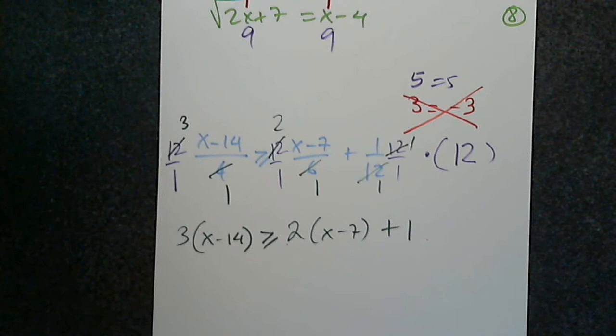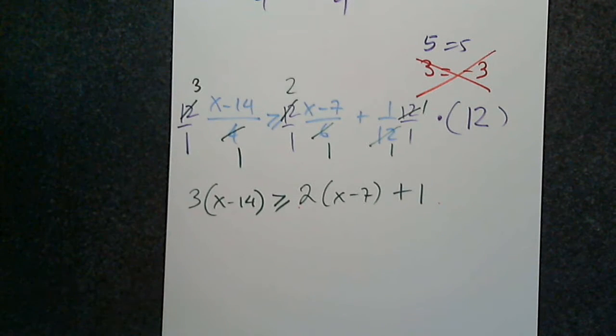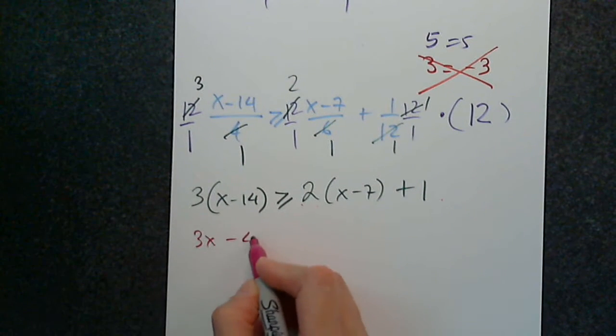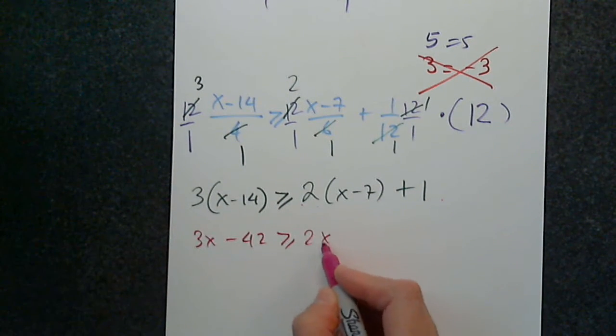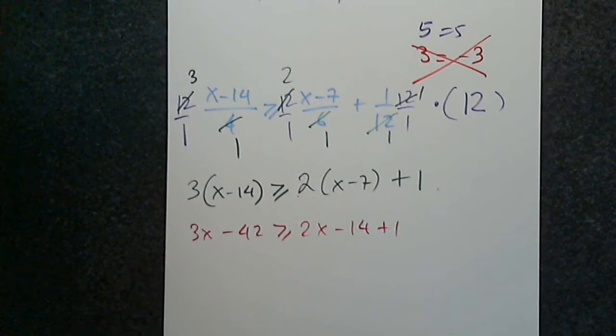This should be the sequence of steps with this inequality. Choose the least common denominator, and multiply all fractions. Because you are multiplying fractions, write them as a fraction as well, so that it will be easier to simplify. So I recommend that. And now you take it from here by distributing and combining like terms. So this is 3x minus 42 greater than or equal to 2x minus 14 plus 1.